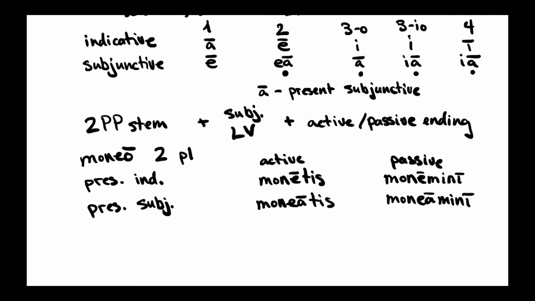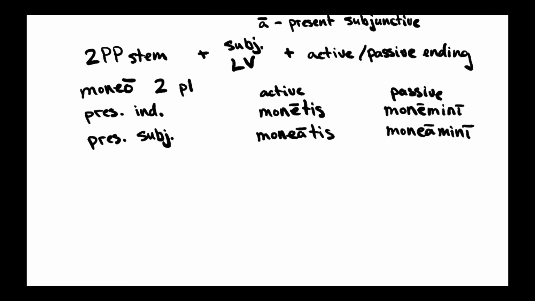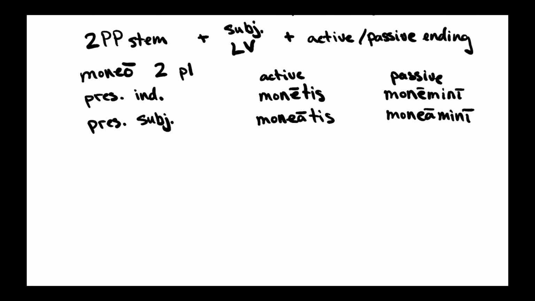Let's do a third IO verb. So we'll leave that up for comparison here. And so this is a third IO, and we'll do capio. And let's do it in the first person plural.